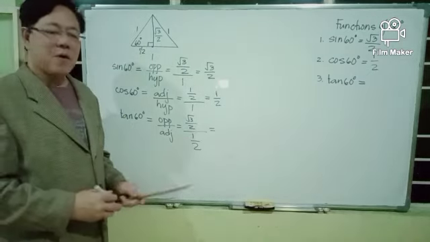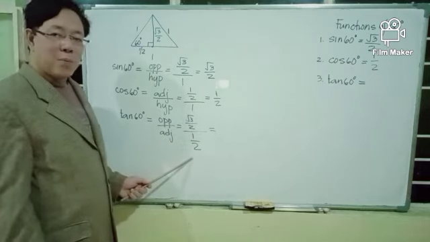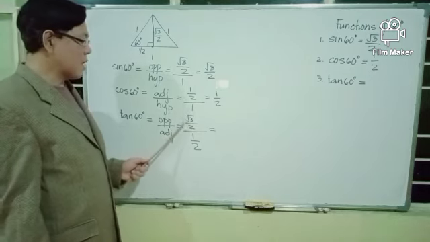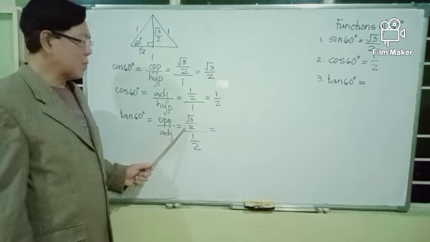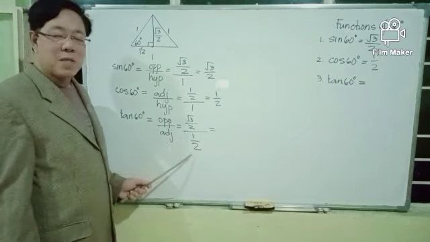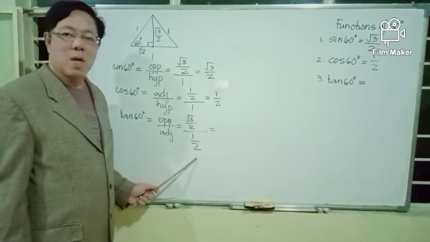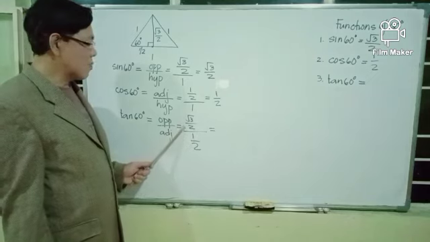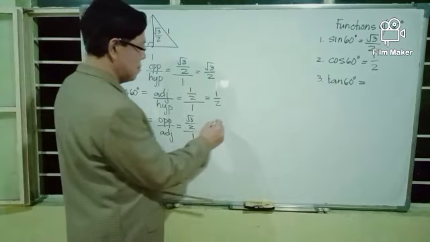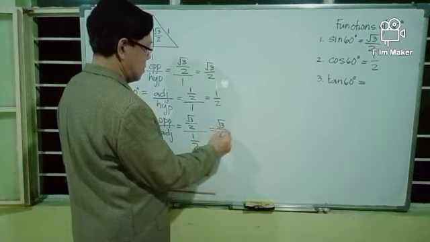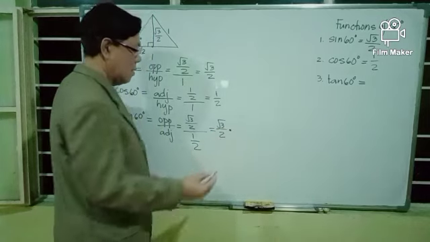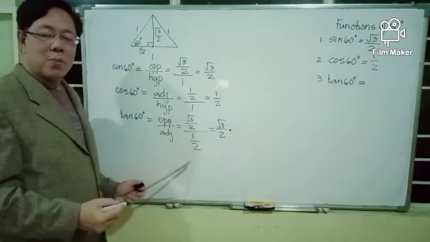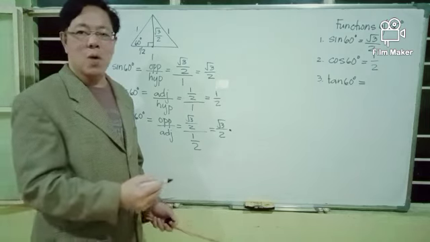And to simplify this complex fraction, we multiply the numerator, square root of 3/2, by the reciprocal of the denominator, or reciprocal of 1/2. We have square root of 3/2 multiplied by reciprocal of 1/2, which is 2/1.